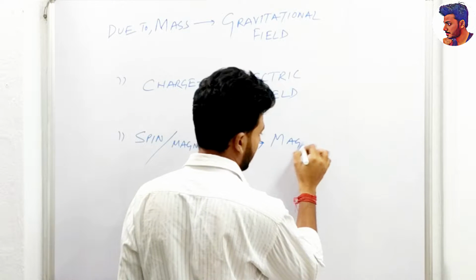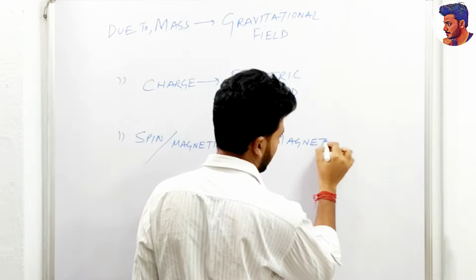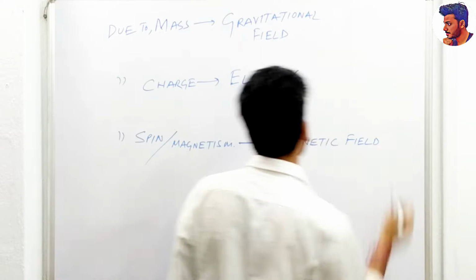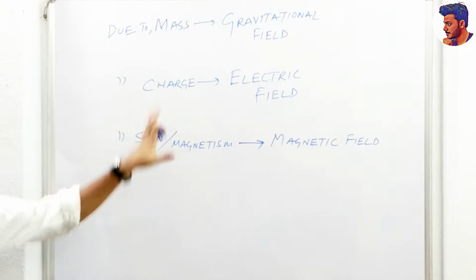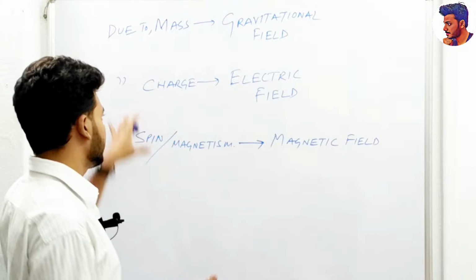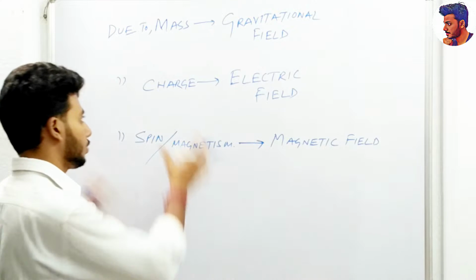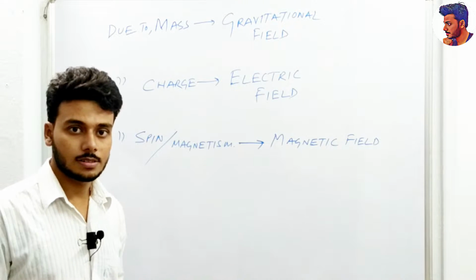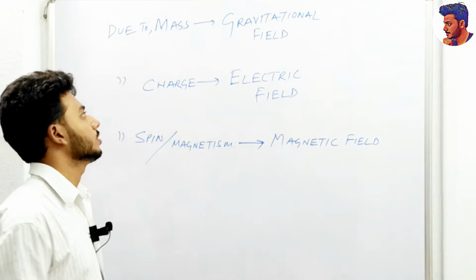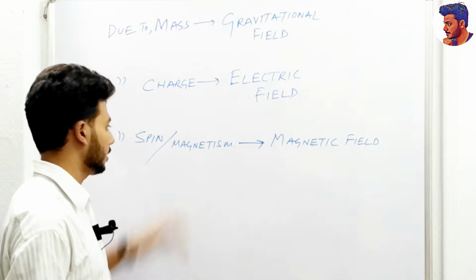These are the three fields. So we can easily conclude that these fields are generated due to these fundamental properties of elementary particles, right? So this is the origin of the field.